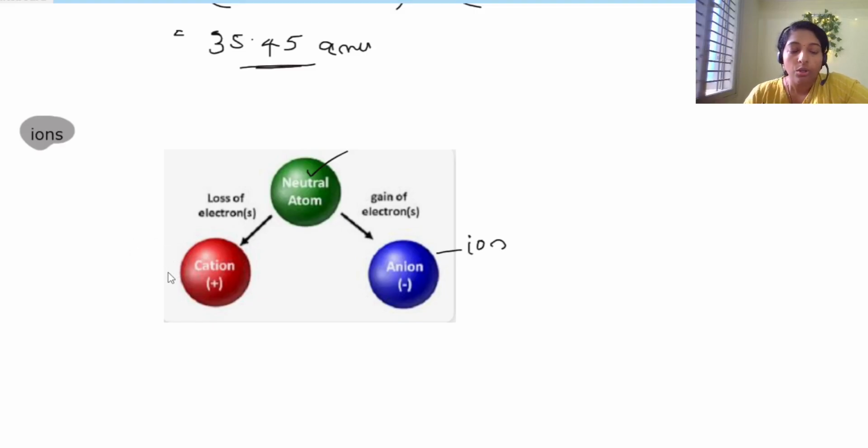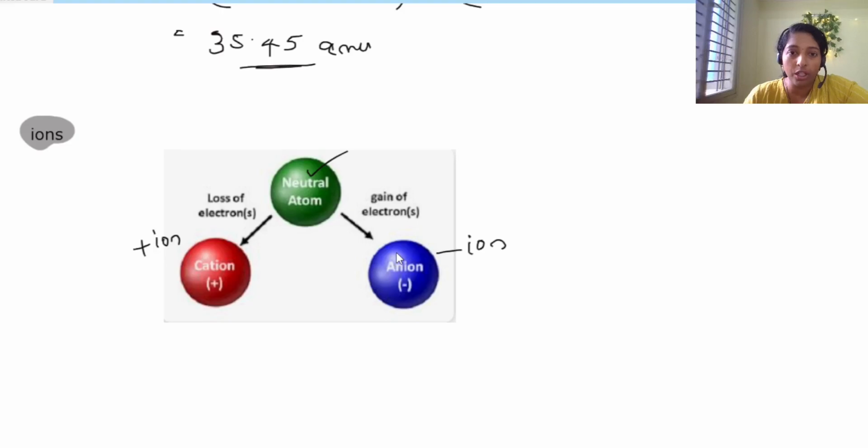That is what you mean by cation. Cat is always positive, like that you can think. Cat is positive, cation. And the other one is called anion. The charged species is what we call an ion. How can an atom get charged? By adding or losing electrons.